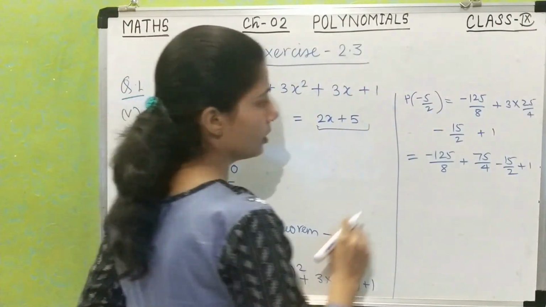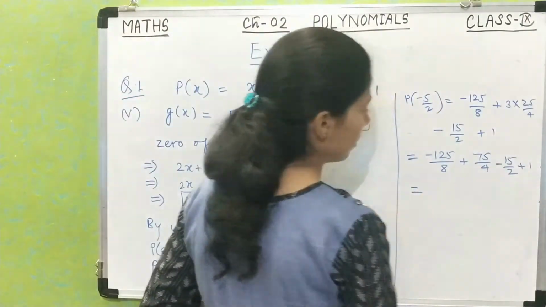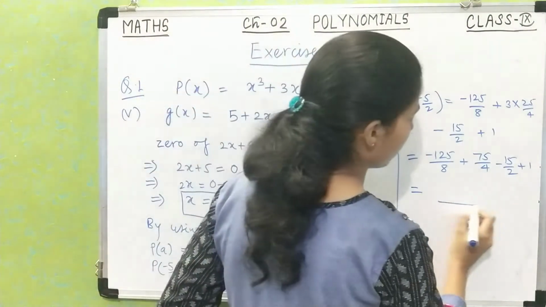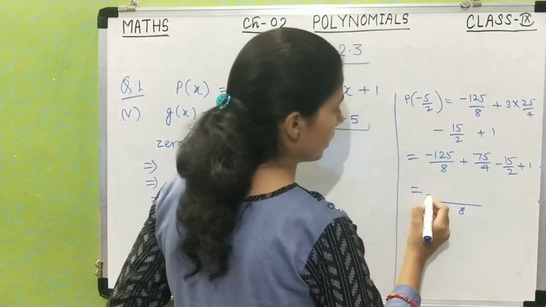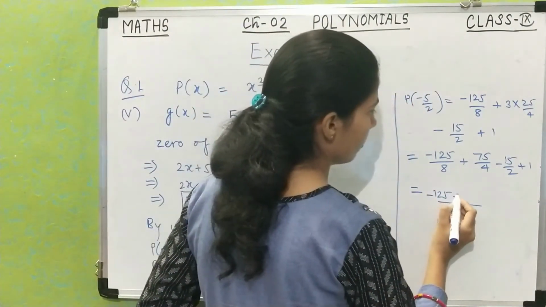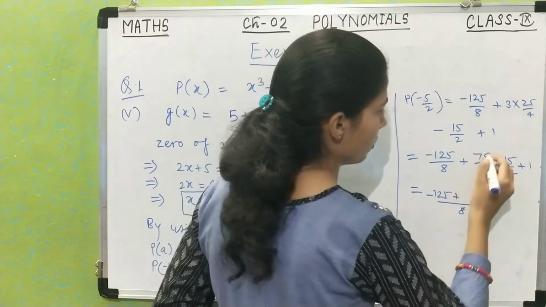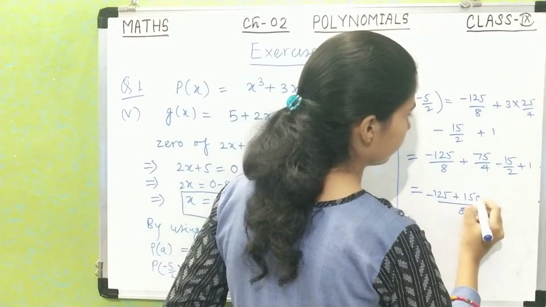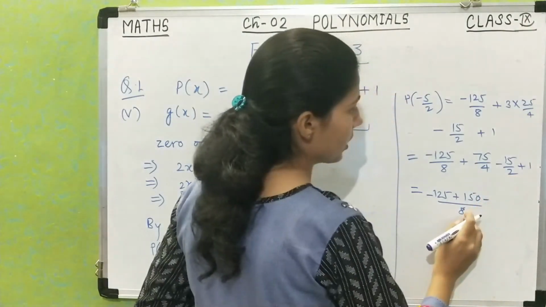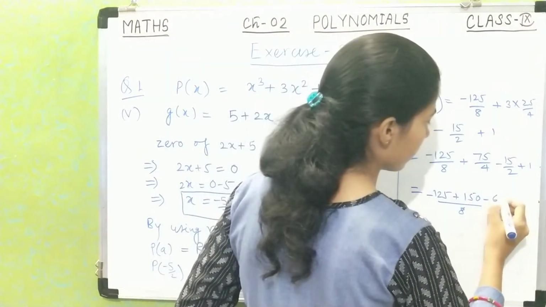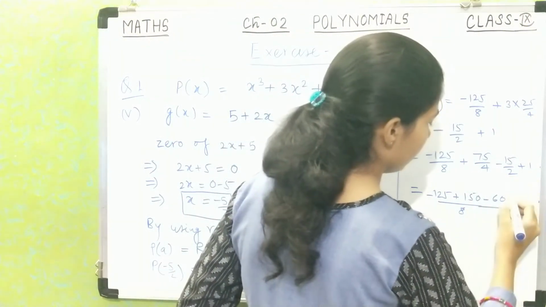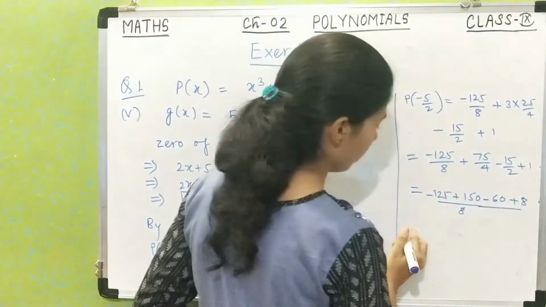So these are rational numbers. You have to take the LCM, so the LCM will be 8. So minus 125, plus 4 twos are 8, so 75 twos are 150, 2 fours are 8, so 15 fours are 60, and plus 8. Now solve it.